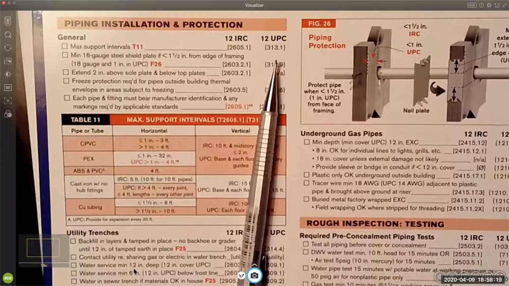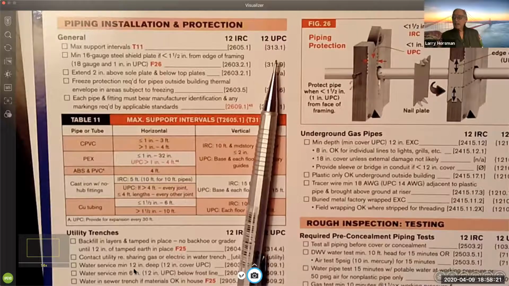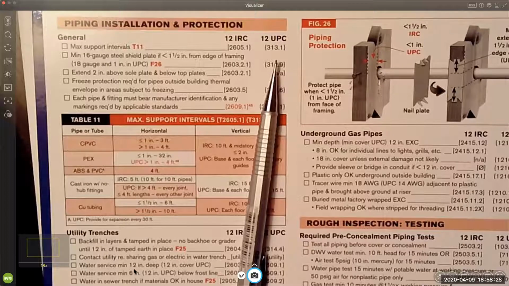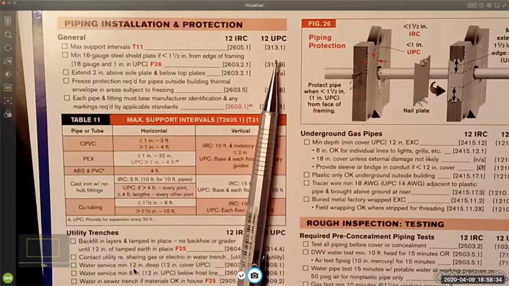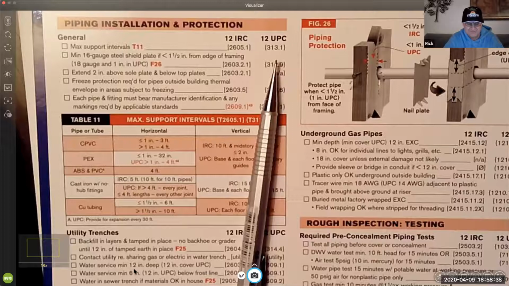Yeah, it's 1.5 inches for the IRC, but it's only 1 inch for the UPC. So that's showing it from. In ours, it's showing 1.25 inches, Larry. Well, no, it's on that very first part of that diagram on the left. It says IRC minimum 1.25, UPC 1 inch.